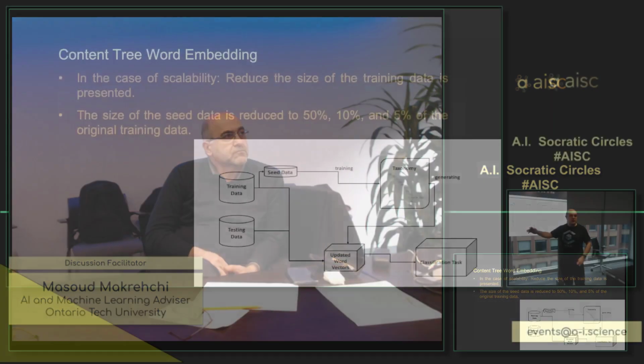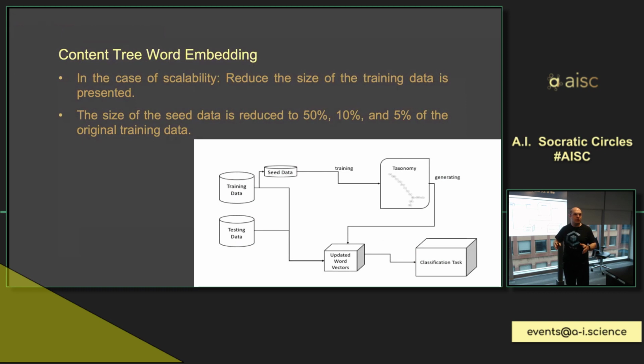We are updating the word vectors using a part of the training data. We first split train and test. For scalability, we use just a part of the data, which we will talk more about in the results.